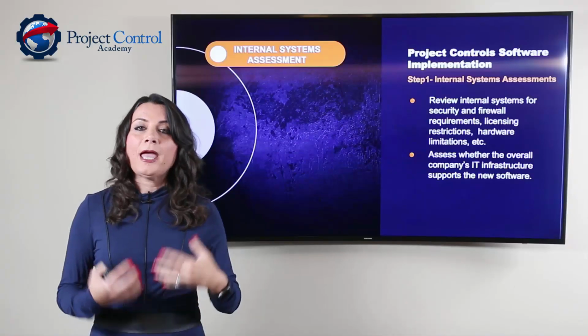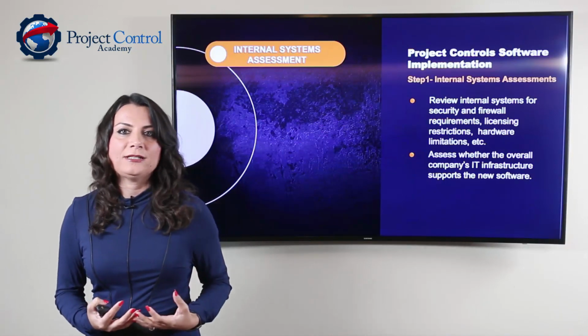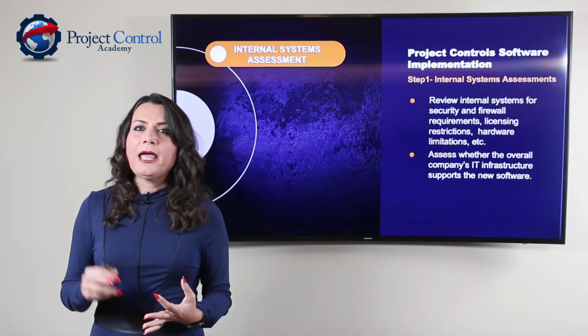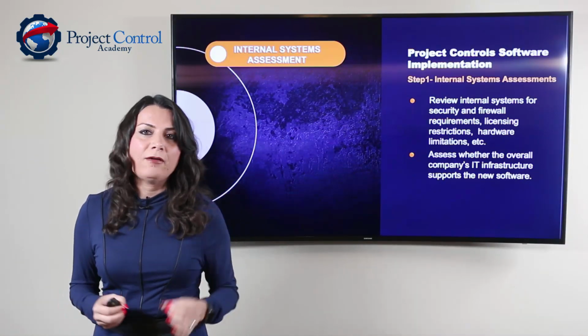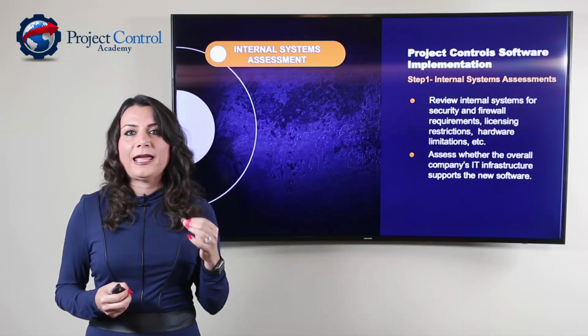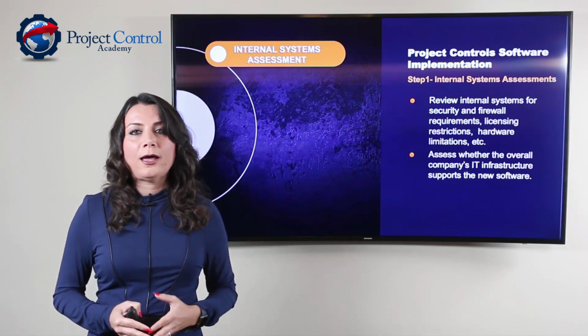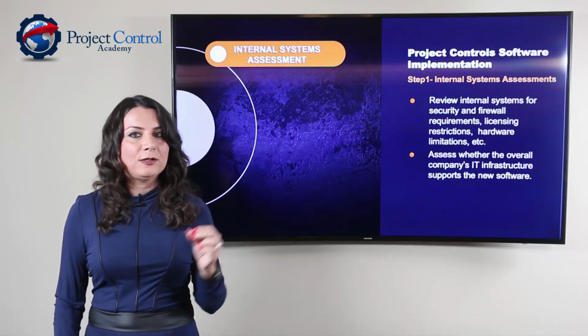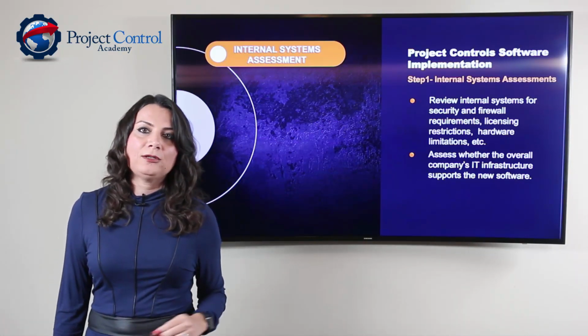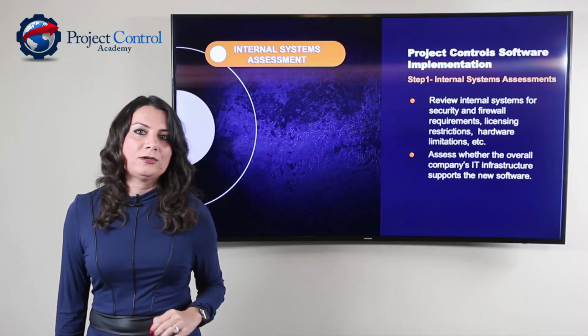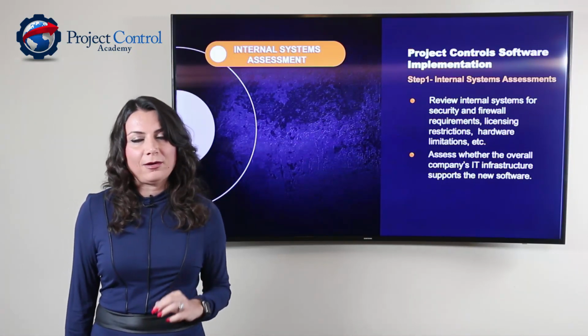Whether or not there are any restrictions when it comes to firewall, security, software or hardware restrictions, and any other things that you need to be aware of when you want to install that new software.